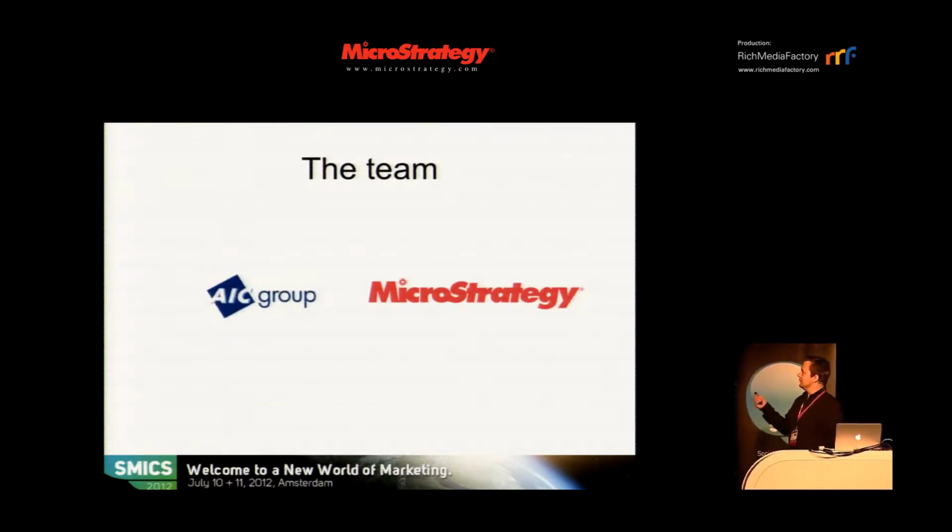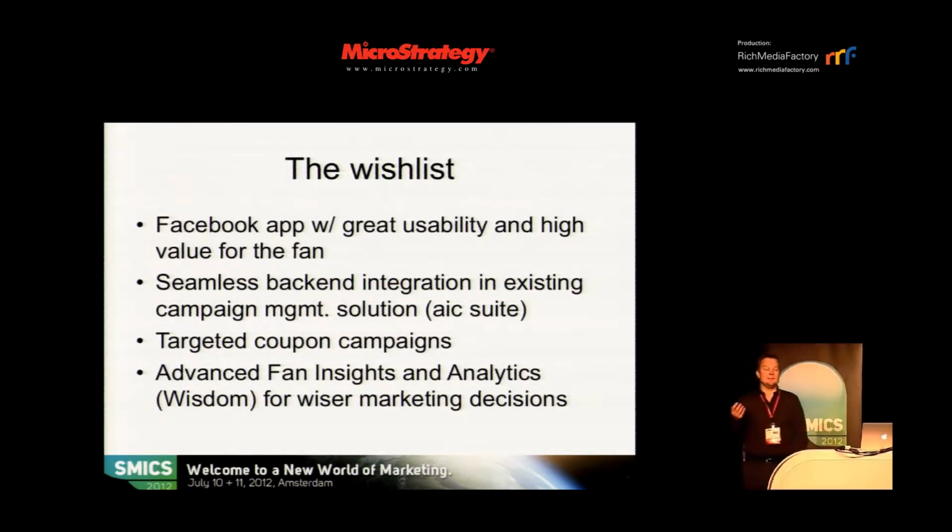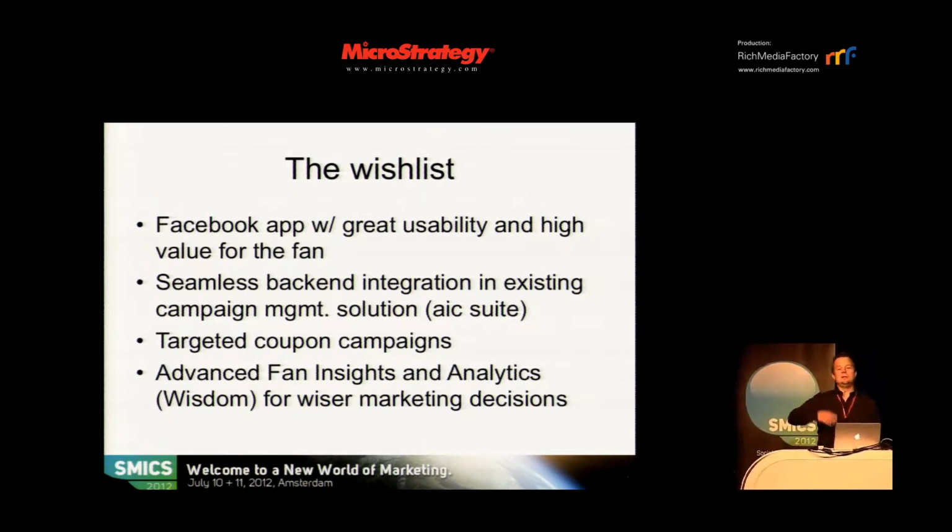Yeah, that's the logo of AIC. And Tobias, just one more second. The wish list for this app was, we wanted to have an app with great usability, with great customer experience and user experience. We wanted, of course, a seamless integration, timeline integration, everything that can be done technically today. And we didn't just want to have a tool to broadcast coupons, so to have one coupon for all.